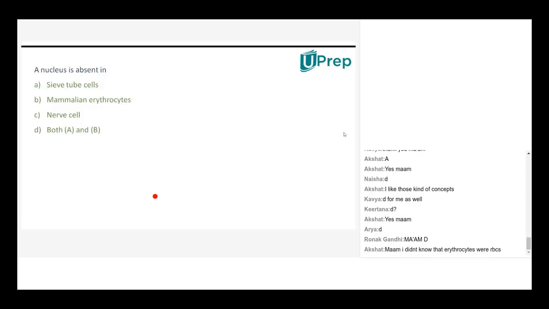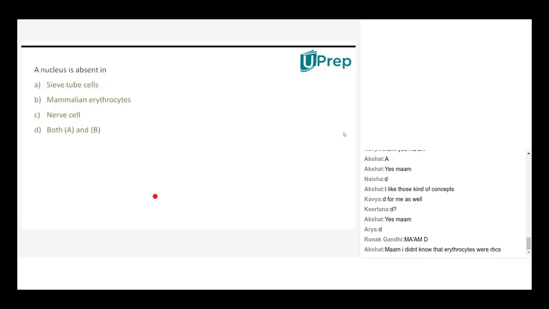Even option A is also correct. See, sieve tube cells. These are the cells which we will find in plants. As there is a circulatory system in humans or in animals, plants also have a circulatory system, but in the form of xylem and phloem.